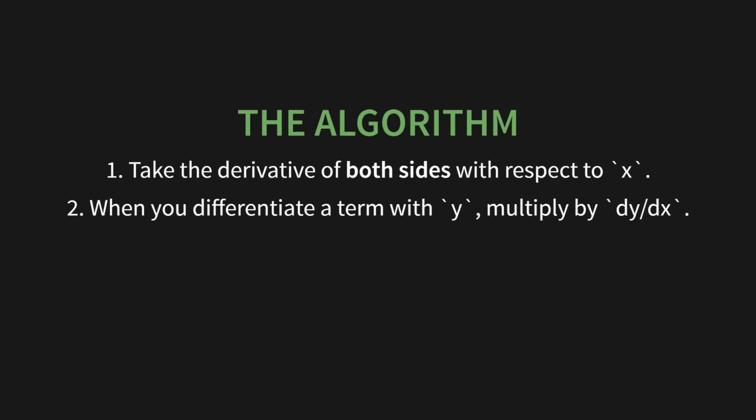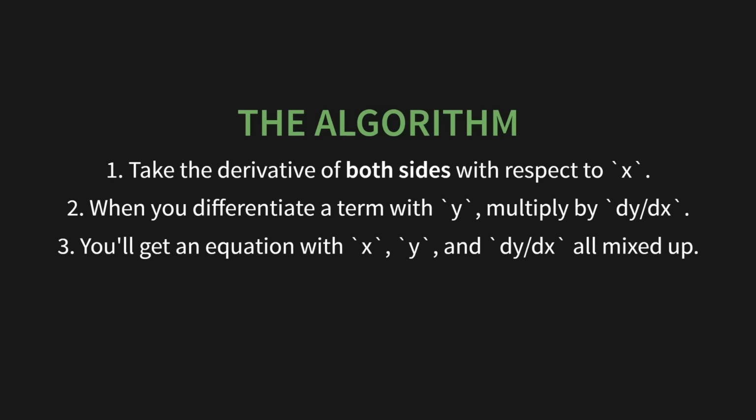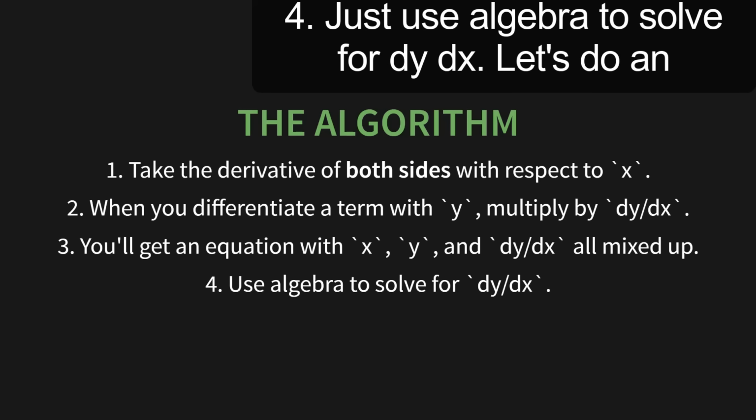When you differentiate a term with y, remember to multiply by dy over dx. 3. You'll get an equation with x, y, and dy dx all mixed up. Don't panic. 4. Just use algebra to solve for dy dx.